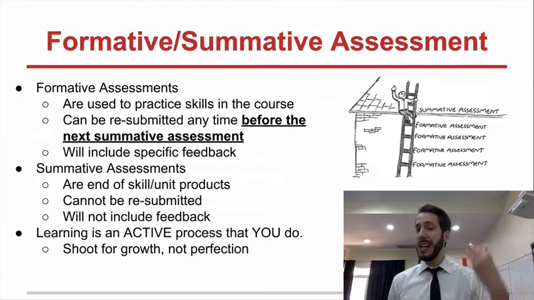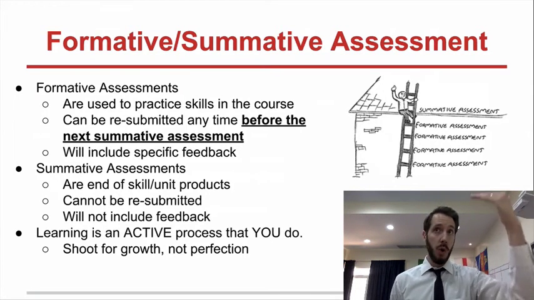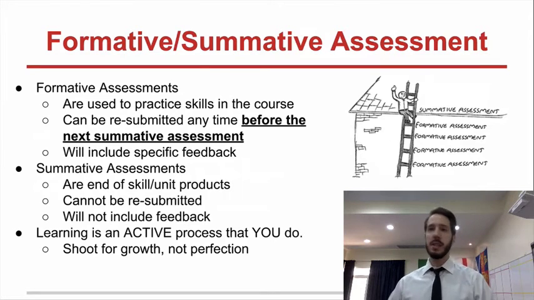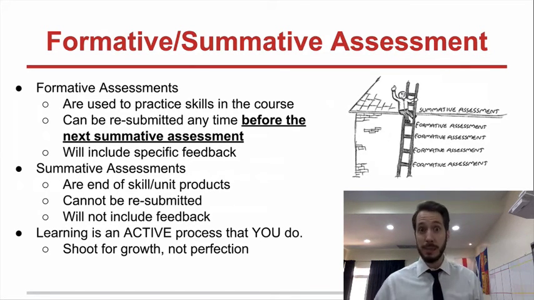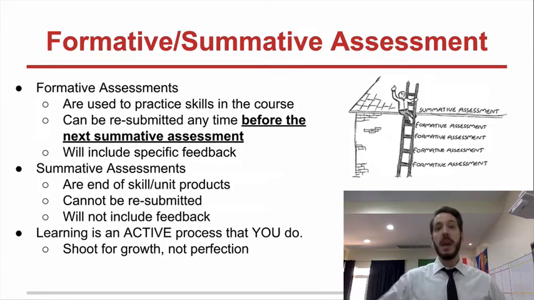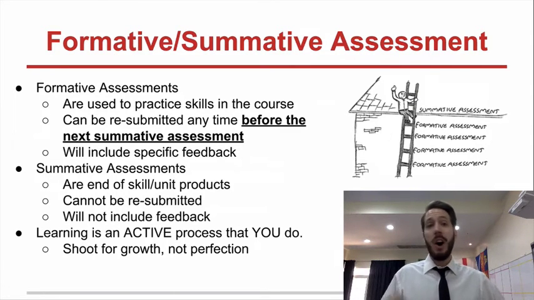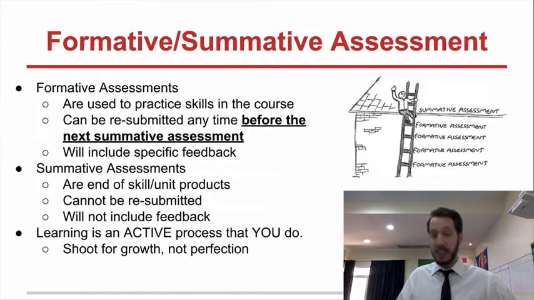I'll typically give you a checklist and or rubric to show what success looks like in terms of does not meet expectations, meets expectations, or exceeds expectations, and you'll give it a shot. I will give you specific feedback on how you are assessed on that formative assessment and why. And if you do not like how you've been scored, you can resubmit it as many times as you want before the next summative assessment.